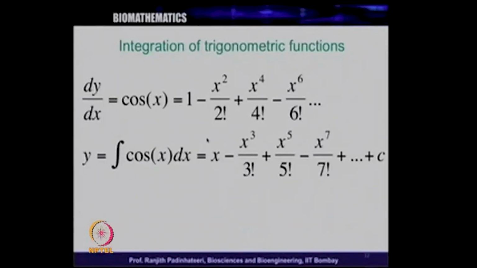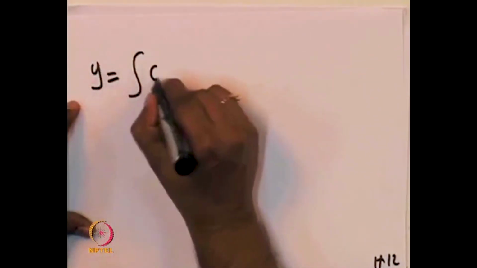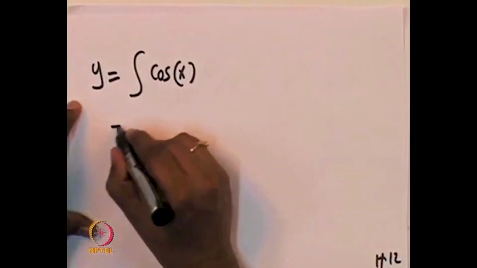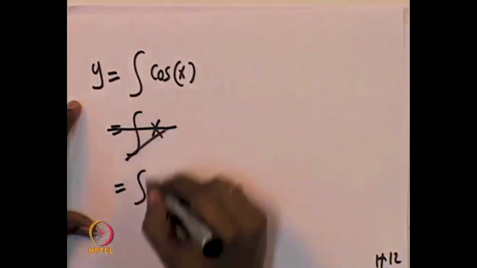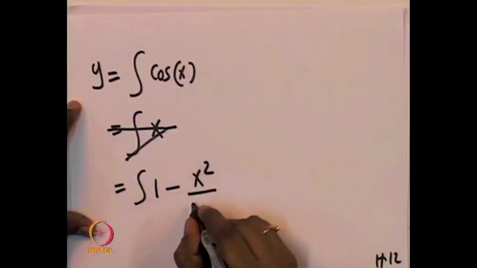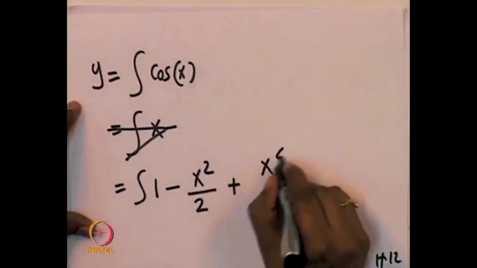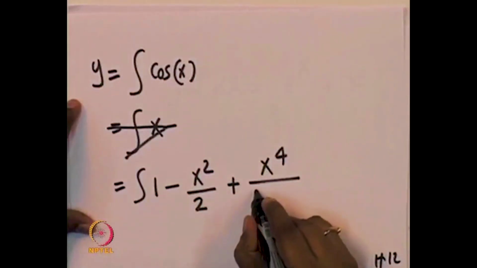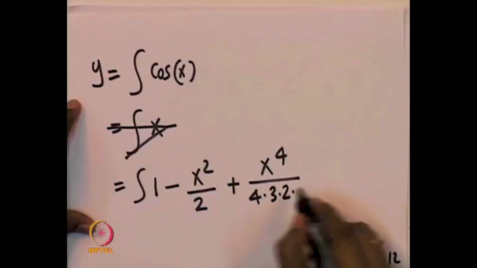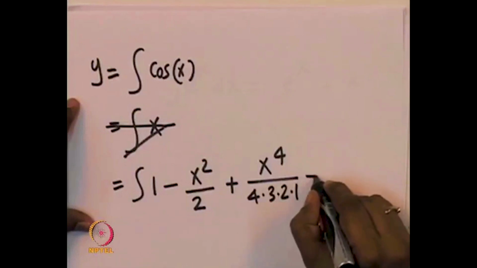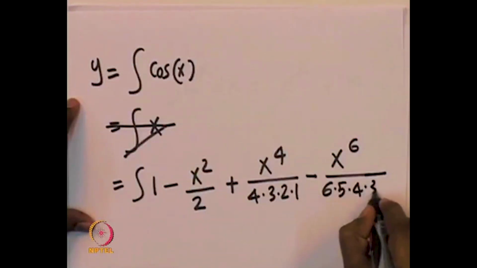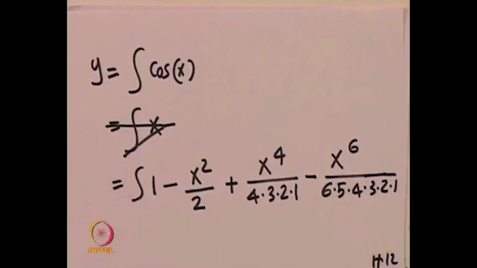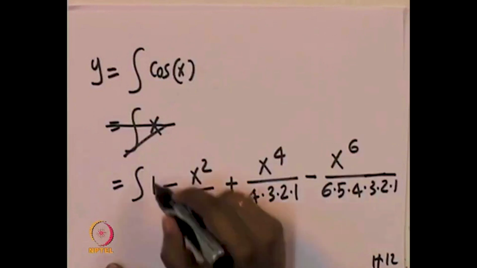So we know that y is equal to the integral of cos x, which is equal to the integral of 1 minus x square by 2 factorial, where 2 factorial is 2 itself, plus x power 4 by 4 factorial, where 4 factorial is 4 times 3 times 2 times 1, minus x power 6 by 6 factorial, where 6 factorial is 6 times 5 times 4 times 3 times 2 times 1. And you have to do the integral of this whole thing.